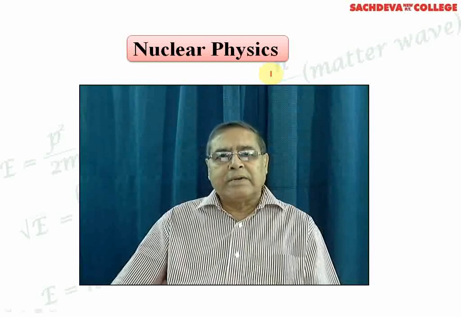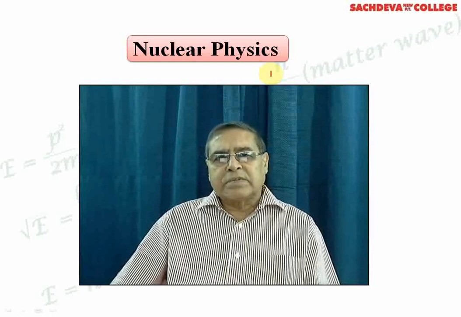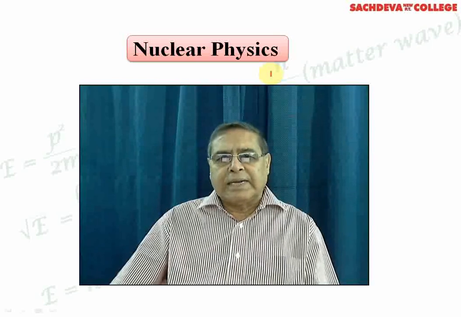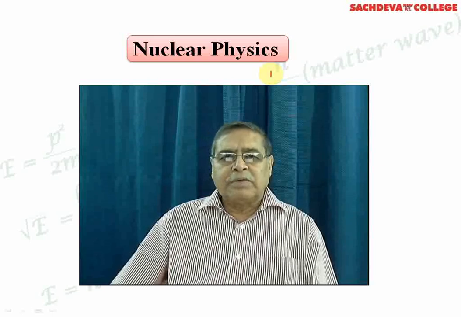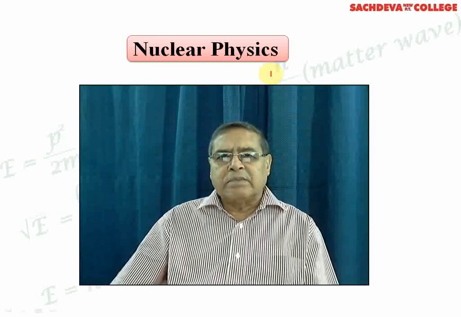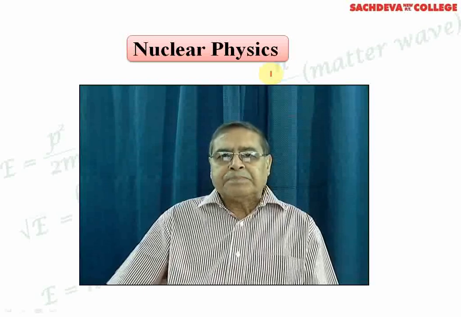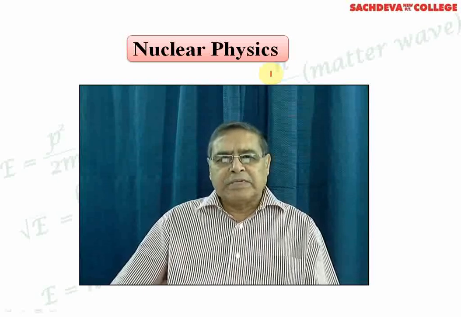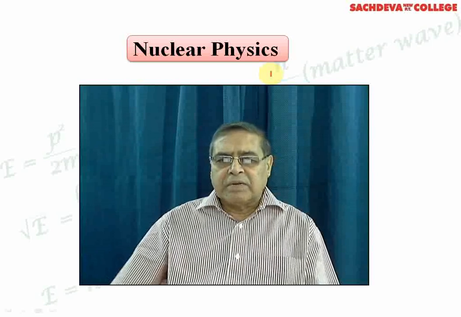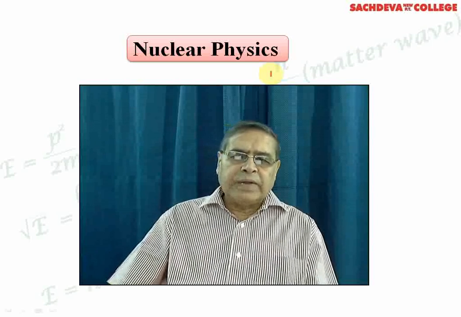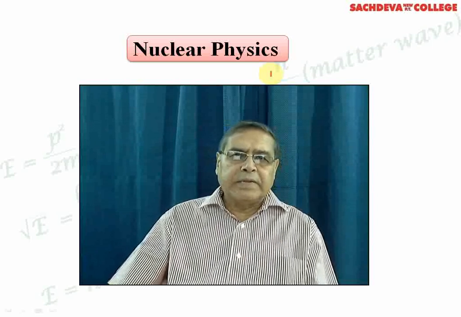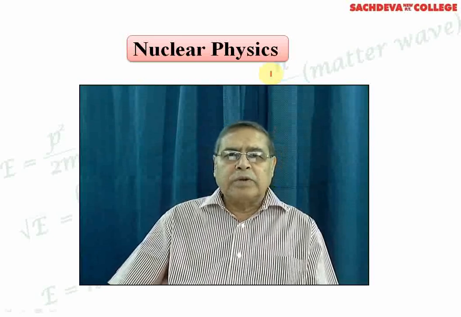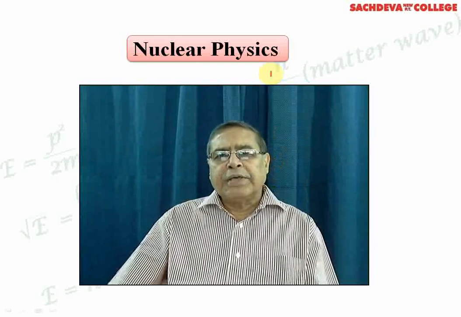Alpha particles enter the atom and get scattered in different directions. Some alpha particles retrace their path after entering the atom, that is, from near the nucleus or the center, they are reflected back.